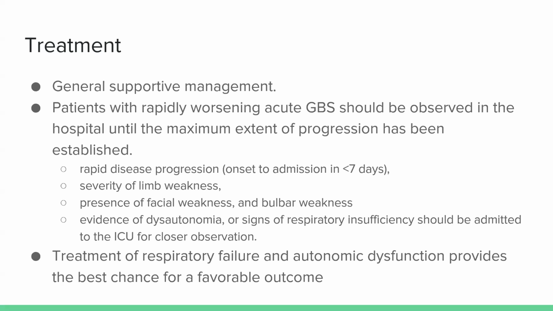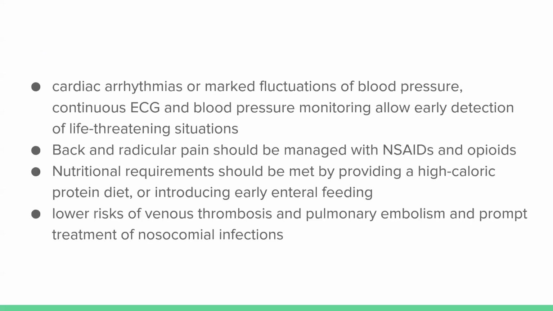In the treatment of GBS, our best chance of a favorable outcome is treating the respiratory failure and the autonomic dysfunction. Once these are treated and other basic supportive care is in place, the patients will survive. Cardiac monitoring, as I've said about the autonomic dysfunction.